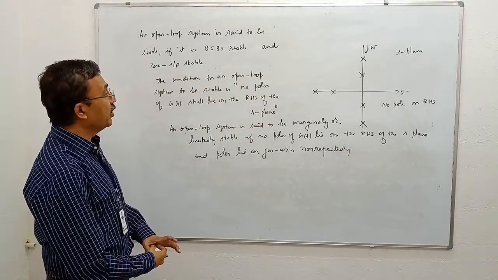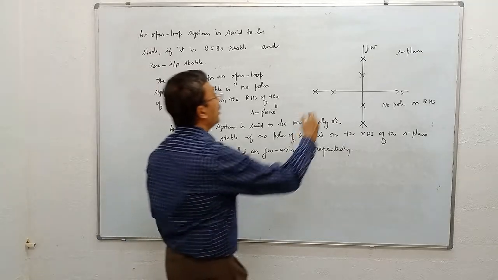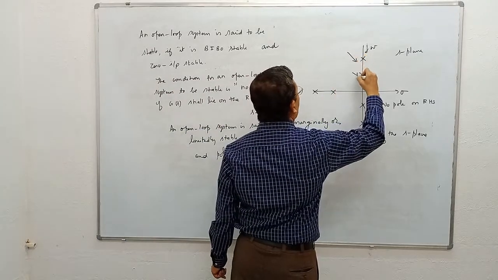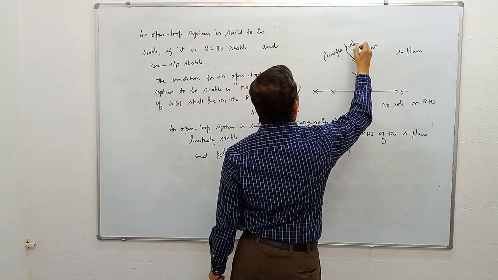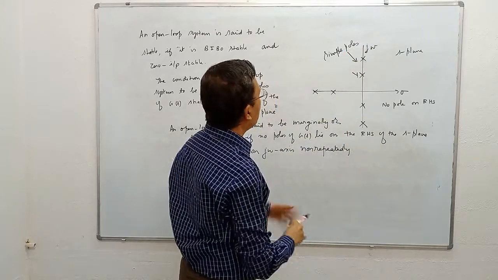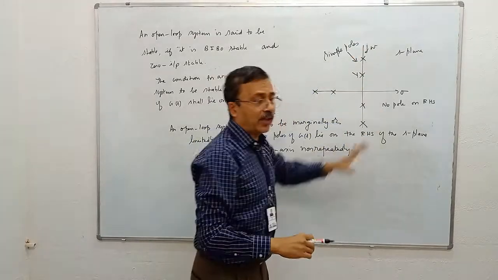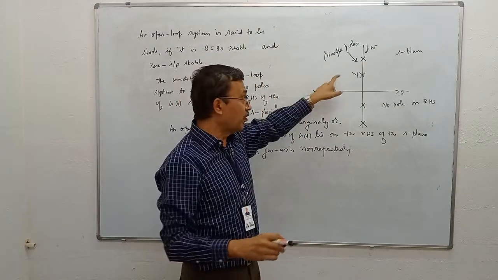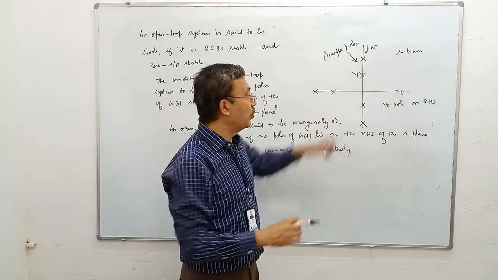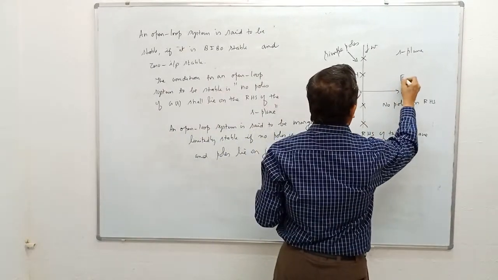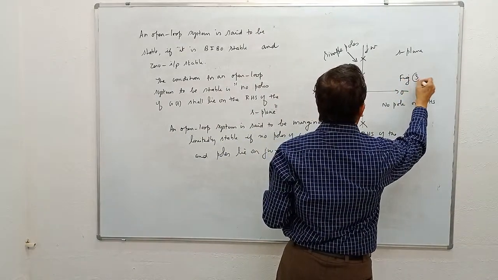When the poles lie on the j omega axis non-repeatedly, they are called simple poles. From this pole diagram we can conclude the system under investigation is limitedly stable or marginally stable. This I call figure 3.